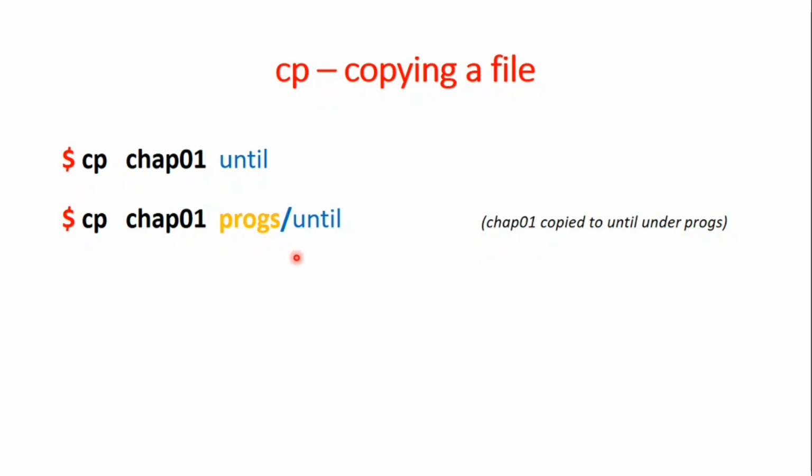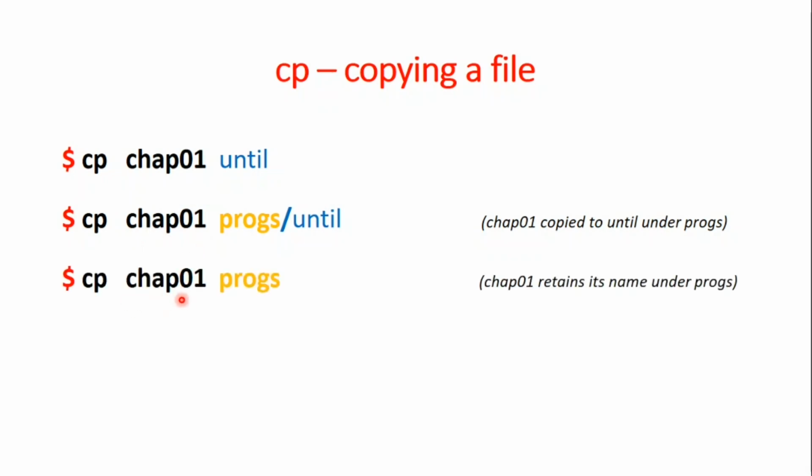Now what if until already exists? If there is a file until which already exists under progs, then its content will be overwritten with the content of chap01.